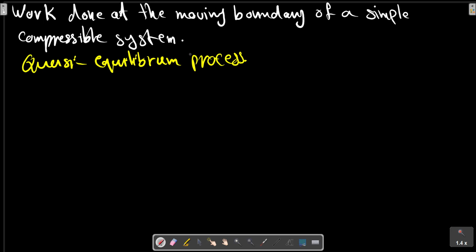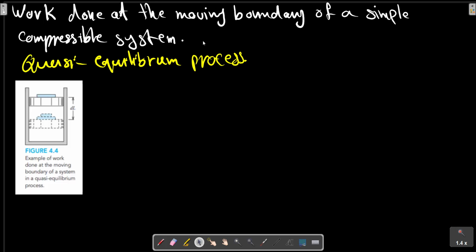Consider a system, the gas contained in a cylinder and piston as in this picture. Remove one of the small weights from the piston. This is position 1, state 1 and state 2.